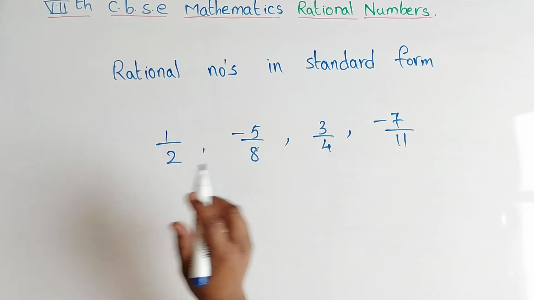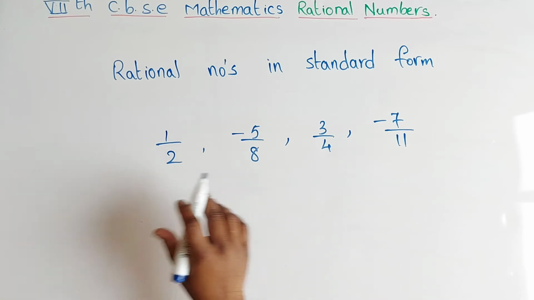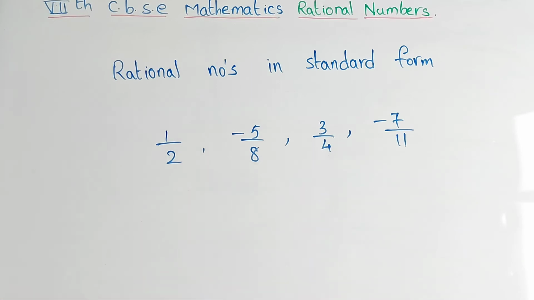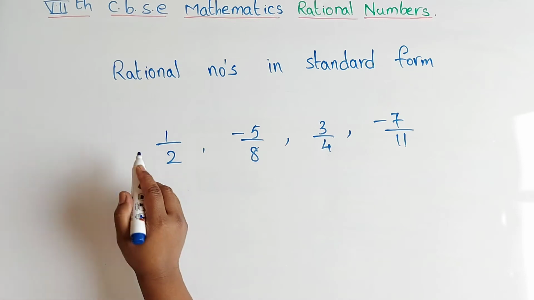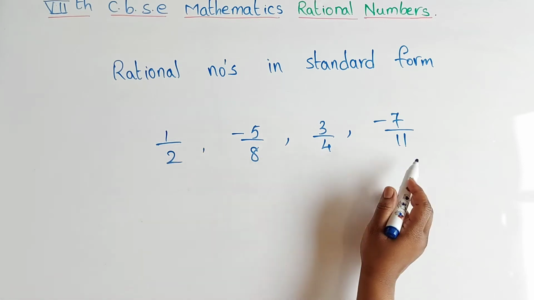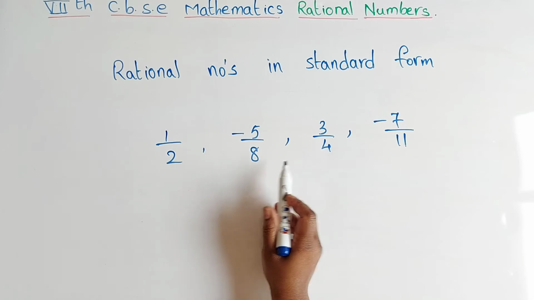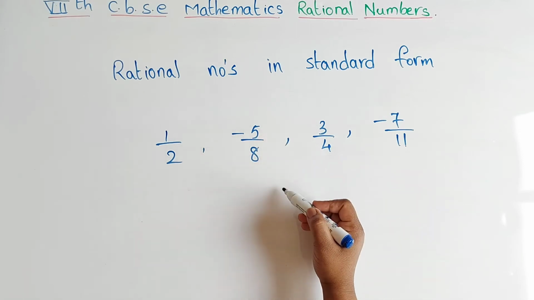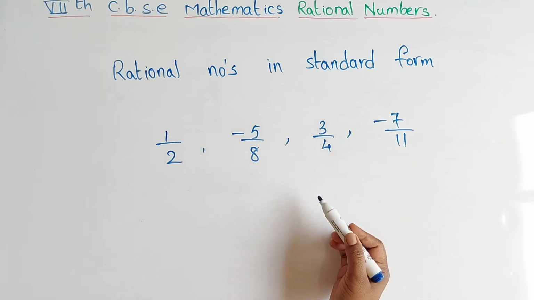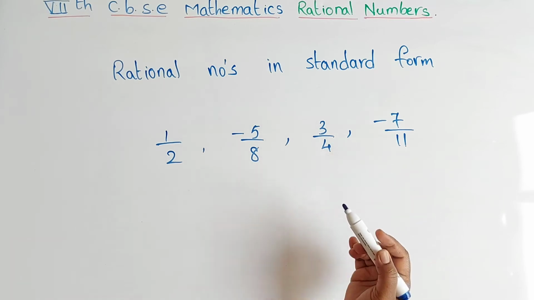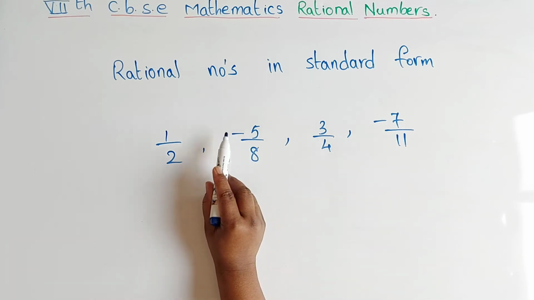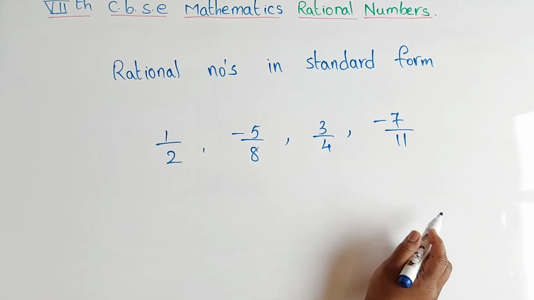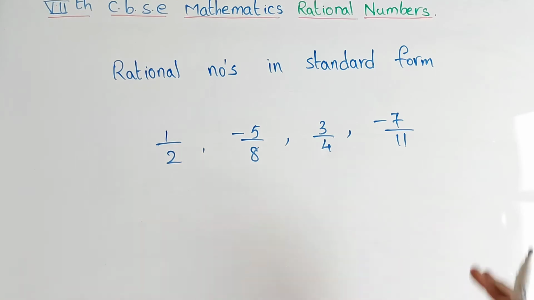The denominators of these rational numbers are positive integers, and 1 is the only common factor for numerator and denominator. That means the negative sign occurs only for the numerator, not for the denominator. Right? So this is called standard form.